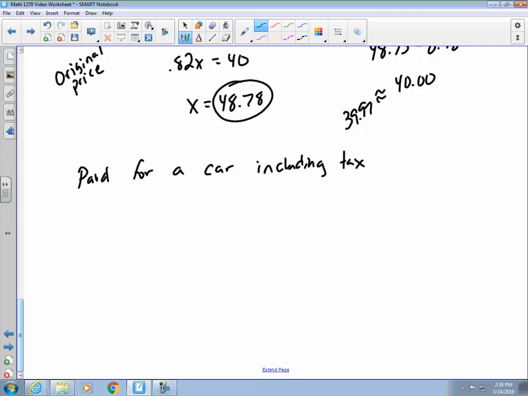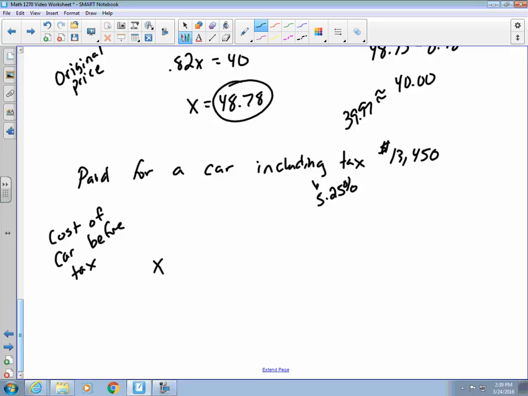So walking out the door, you paid $13,450 for this car, including the tax, which I'm going to tell you the tax rate was 5.25%, something like that. So what was the cost of the car before tax?